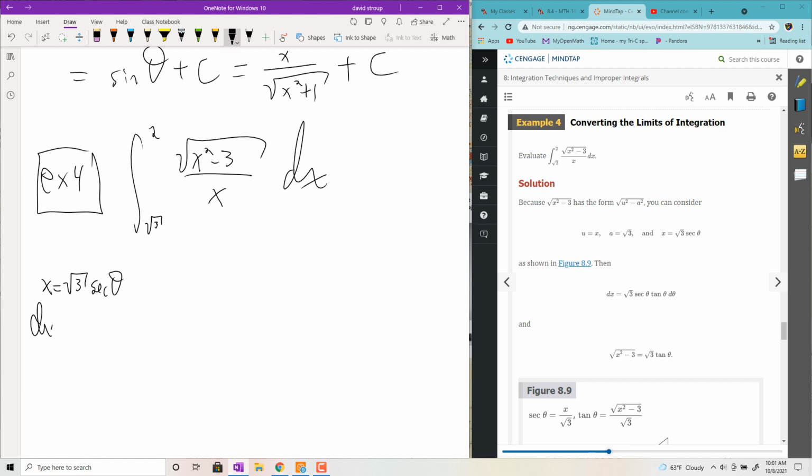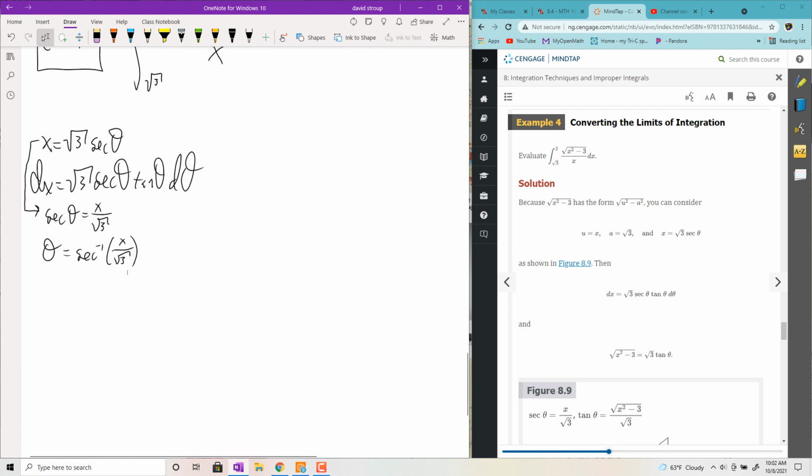And then dx will be square root 3 secant theta tan theta d theta. And then I solve this for theta, so I'll end up with secant theta equals x over root 3. And then taking secant inverse on both sides, I get theta equals secant inverse of x all over square root 3. And then do my triangle.